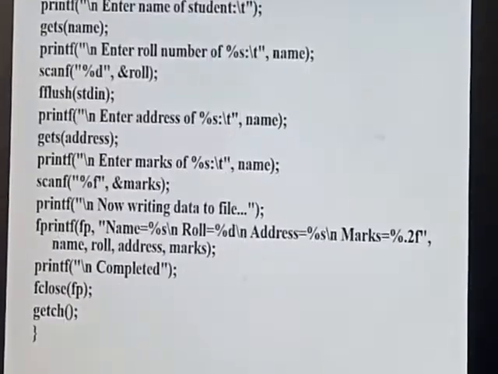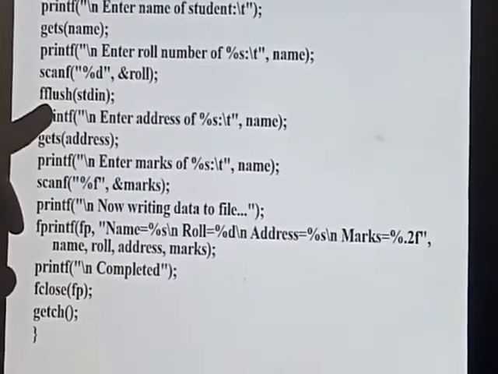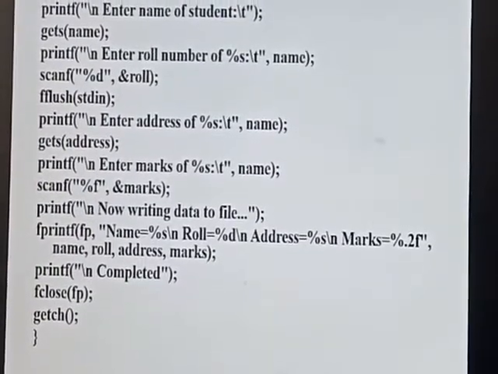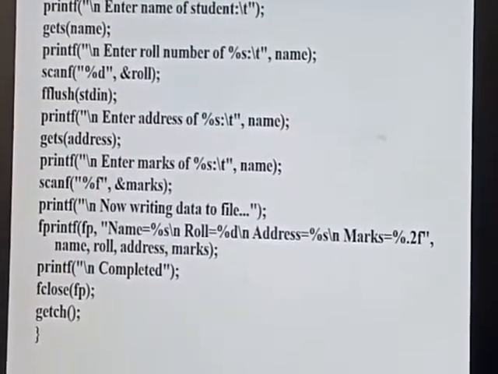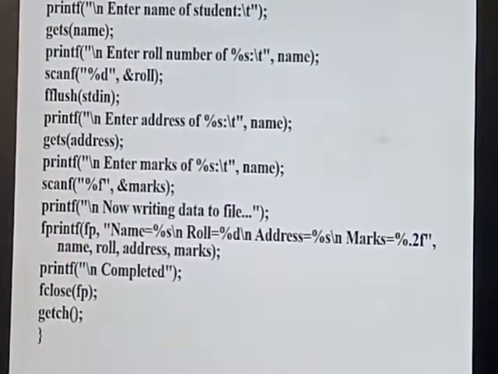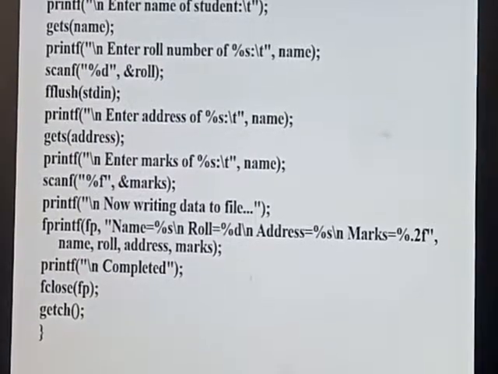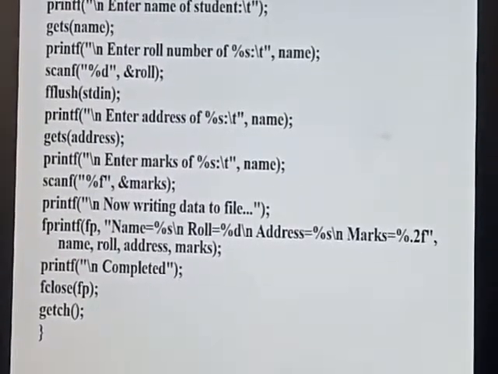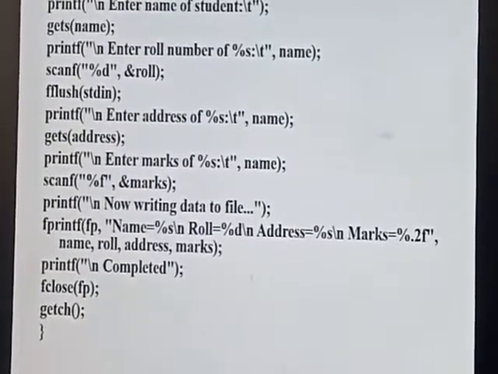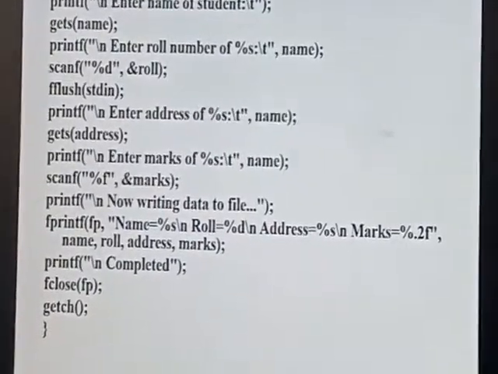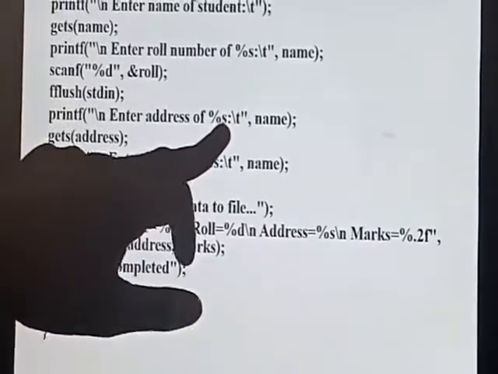Here the function called fflush is used. You are entering data, and after entering the data you press the enter key to complete the data entry. What happens is that the enter key will also be stored, as you are reading a string here.